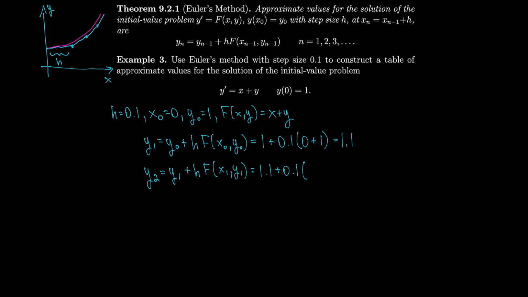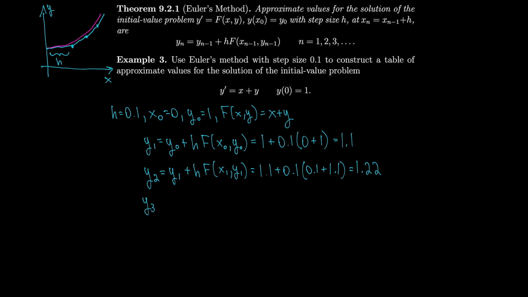If our first point was at 0 and we move over h, that means our second x value is 0.1 more than 0. So our second x value is just 0.1. And we already know our second y value is 1.1, so that ends up being 1.22 for y2.